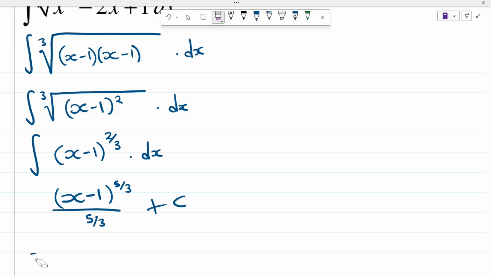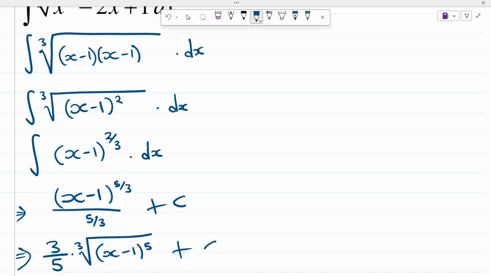Then of course you can rewrite this answer in this format. The 3 is going to go up, so we have 3/5, and then the cubed root of x minus 1 to the power of 5, plus c. Ta-da, you now have your final answer.